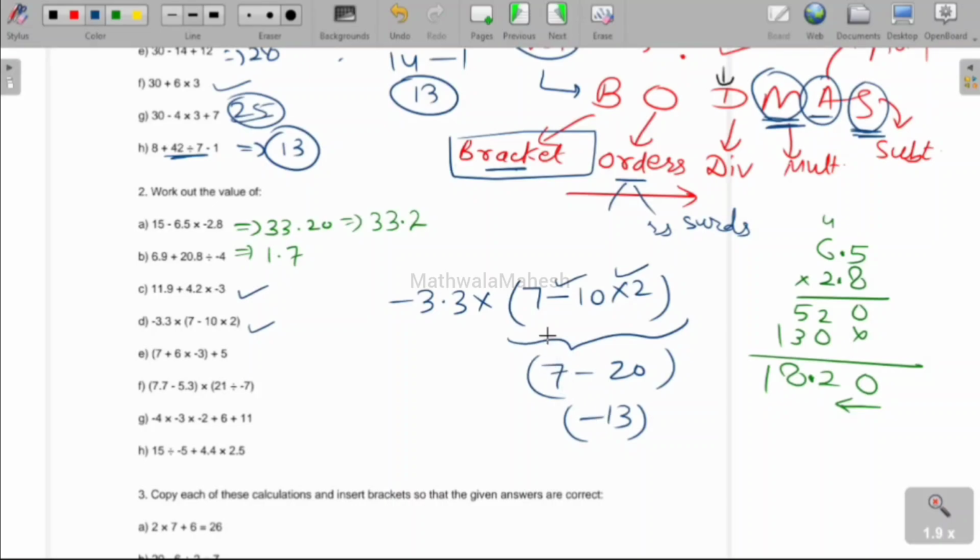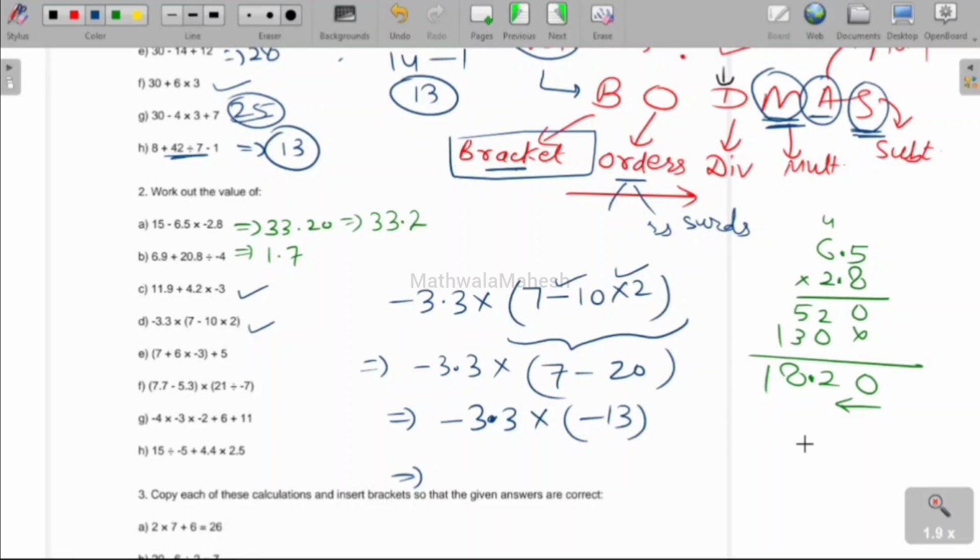Okay, so this whole bracket is minus 13, and minus 3.3 into minus 13, this one. Now we will solve 3.3 into minus 13.